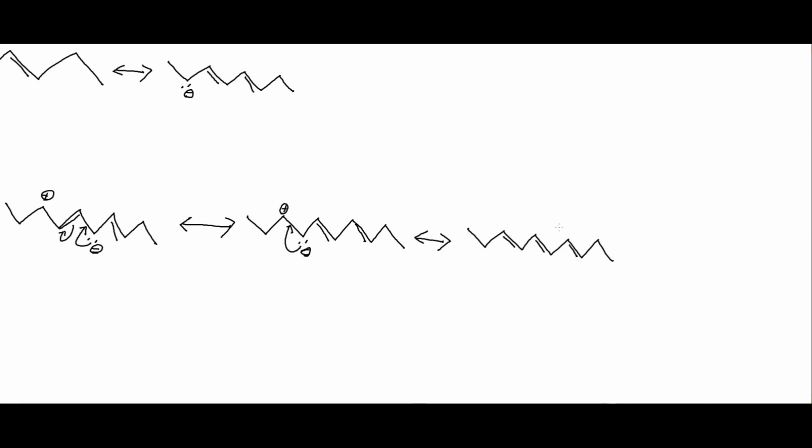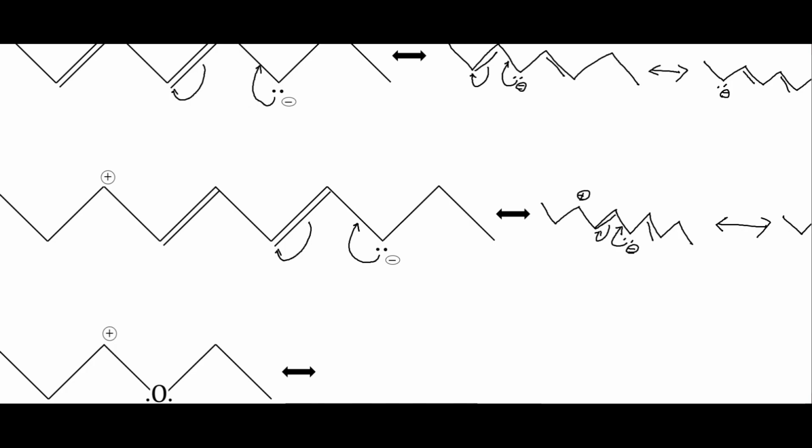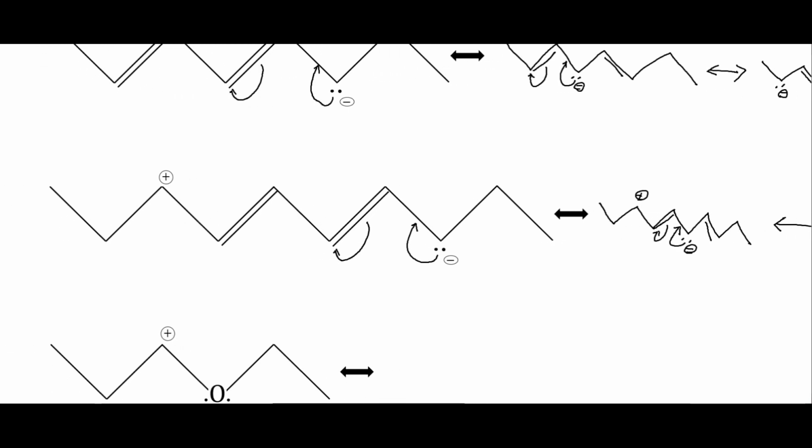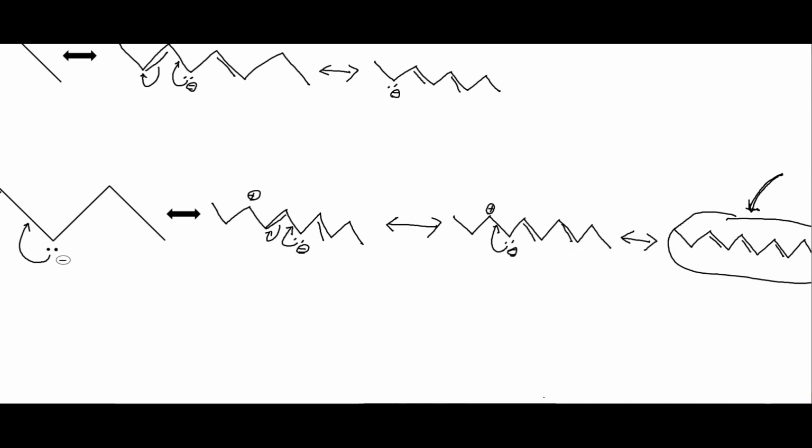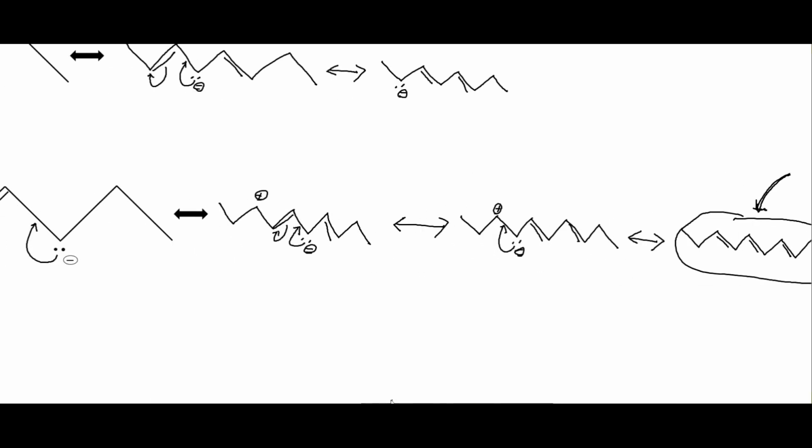And so these are all overall neutral, but what we see is that because this doesn't have charges on any of the atoms, this is actually going to be the major contributor. And so what we mean by that is that the molecule is going to be sort of in this form most of the time. And in fact, these forms here are going to be very minor contributors to this molecule, to the point that we would probably not even call this a resonance structure.